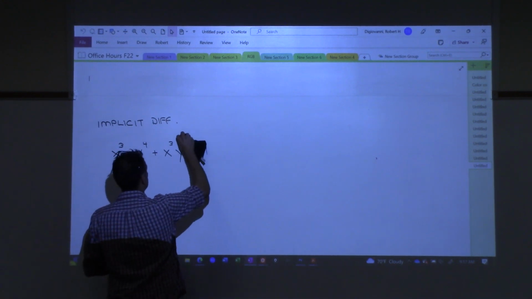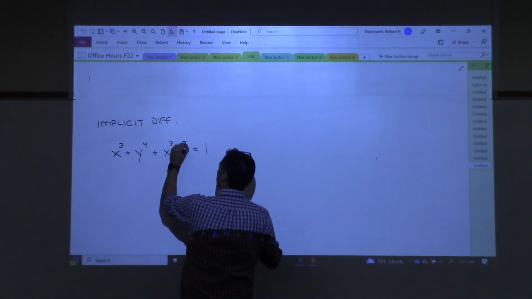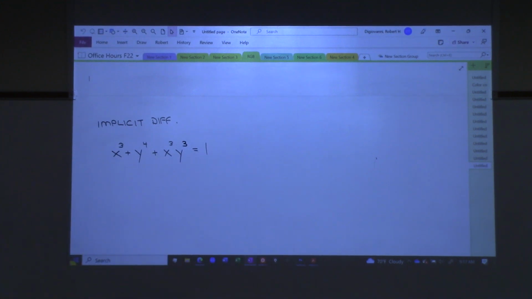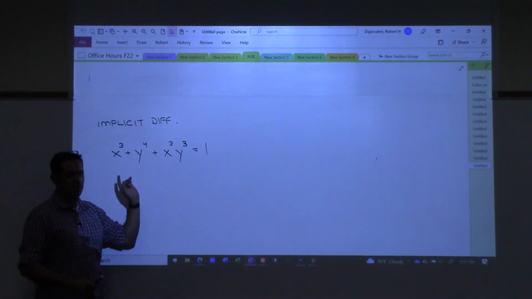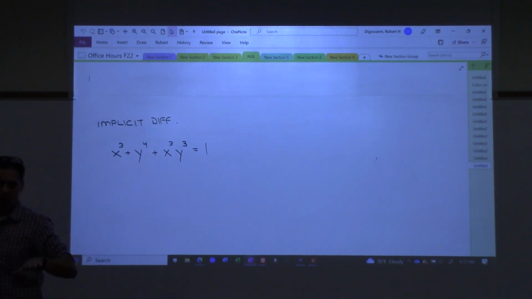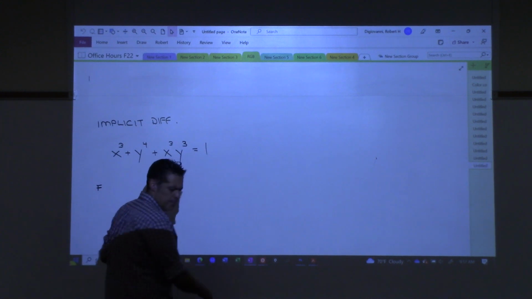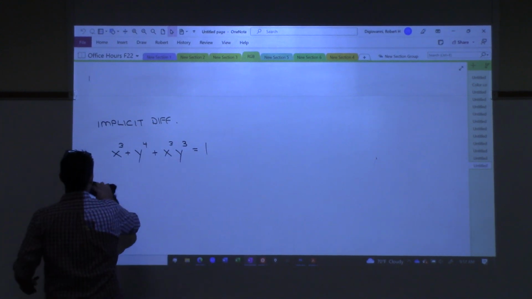Let me change this to y cubed. That'll make it a little bit harder. Solving for y here, now that I've changed it, will be hard, all right? So we still would like to see, can we find, let me put it, I don't want to put it underneath because that's where I'm going to work.